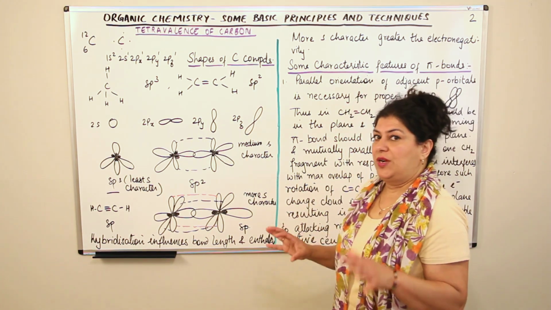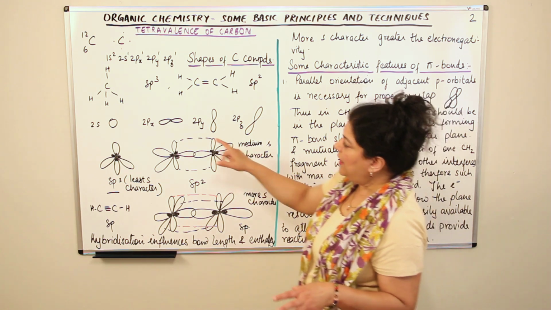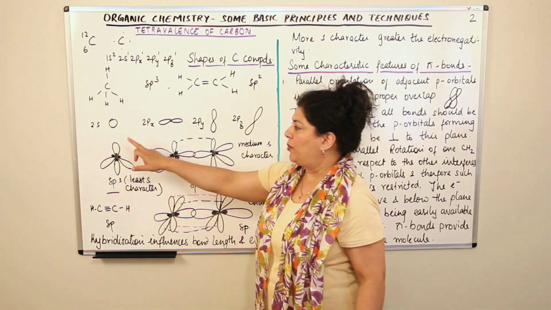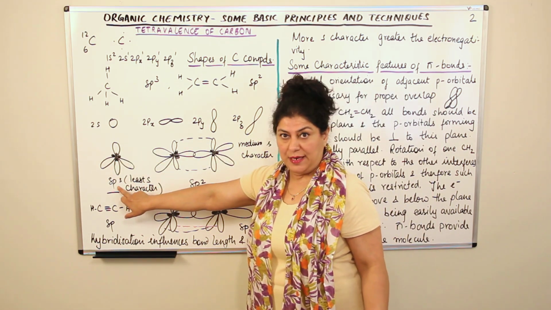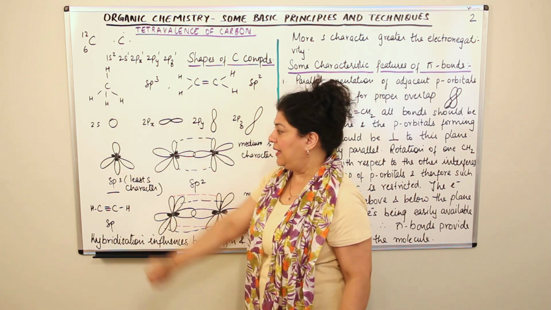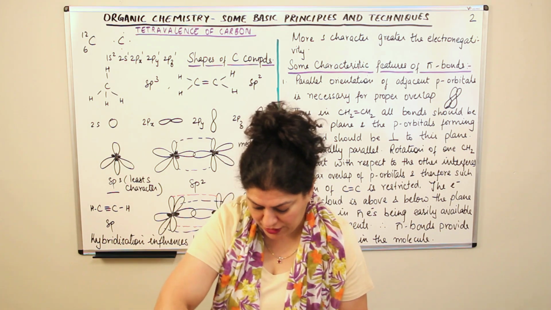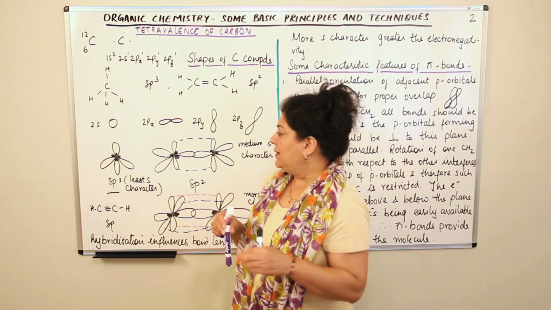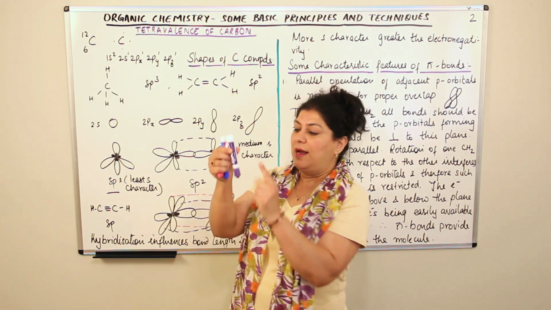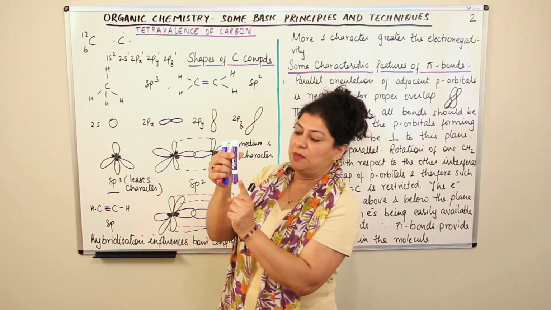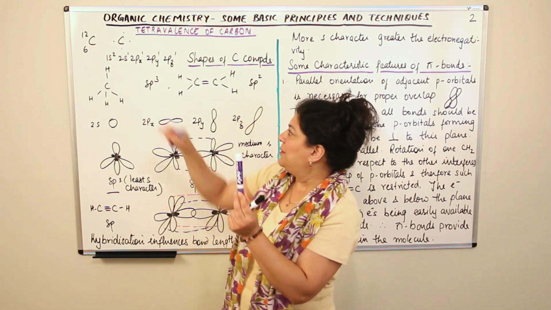Now if you look at the structure, once the 4 hybridized orbitals are formed in an sp3 hybridized compound, that is in methane, the structure is like this. If you take 4 of these pens, let me imagine that each pen, the colored part, the cap, is the S part, and the rest is the P part.